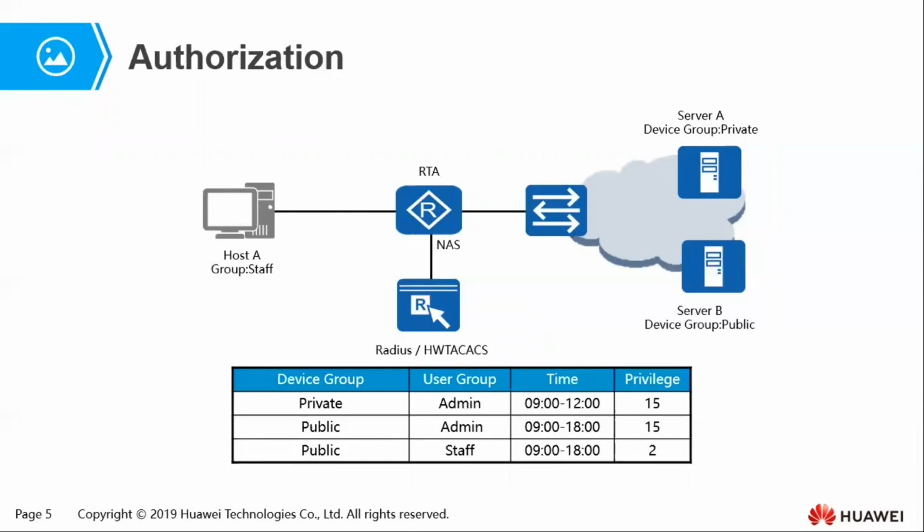For example, here we have 2 servers, server A and server B. Server B can be accessed by anyone, but server A is a private server that should be accessed only by a particular group of employees. So we need to configure authorization for people who we have already authenticated.